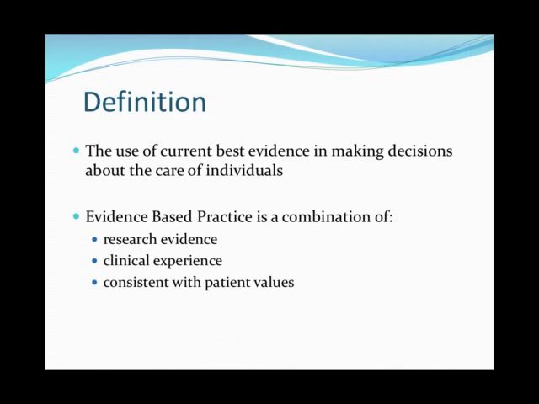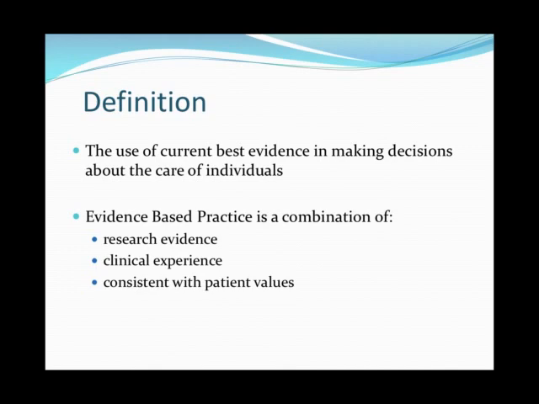So here it's defined as the use of current best evidence in making decisions about the care of individuals. So it's based on research evidence, clinical experience, and consistent with the patient's values. And so those are all very important.